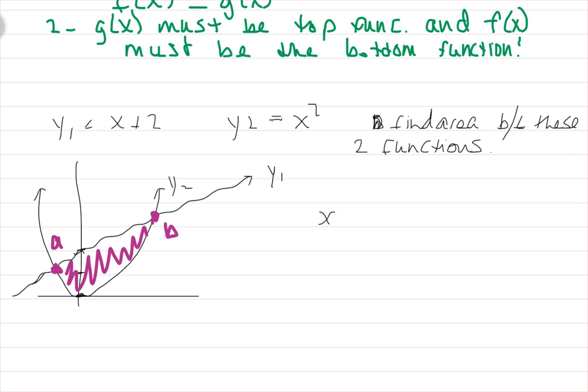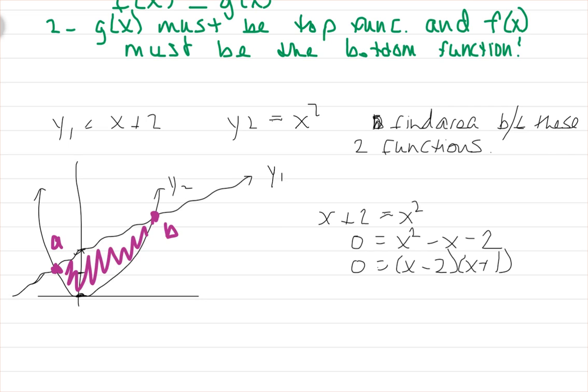Okay, so we set them equal. x plus 2 equals x squared. Move everything to the left-hand side. So we get x squared minus x minus 2 equals 0. This will factor into x minus 2 and x plus 1.